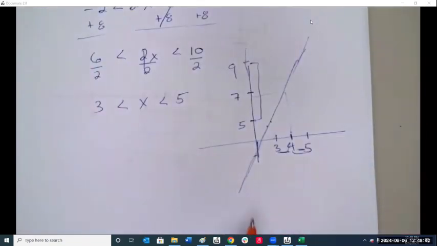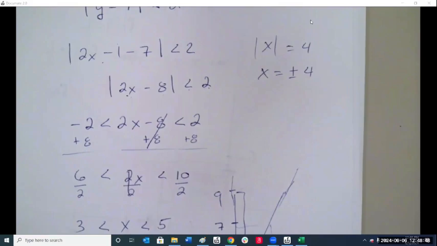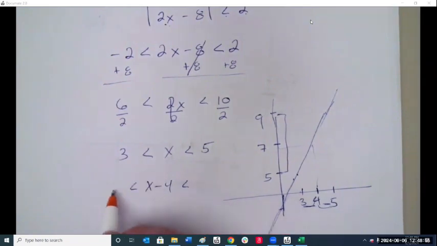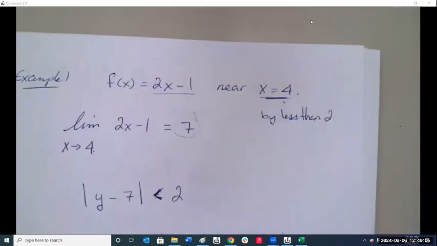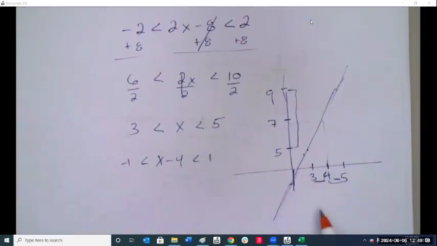What we can look at here is from this value here, we can look at x minus 4. If we subtract 4, then we'll get negative 1 to 1. 1 unit to the left, 1 unit to the right. But because we're looking from x as being 4, this is our domain. Our range is going to be from 3 to 5, which is 1 to the left, 1 to the right.